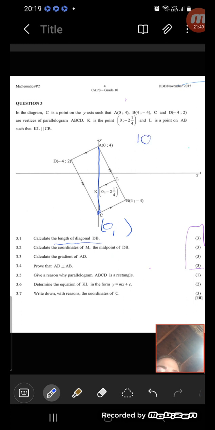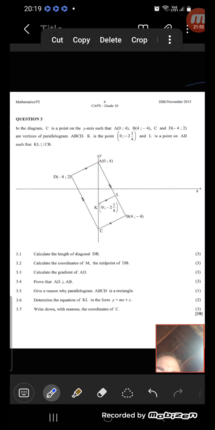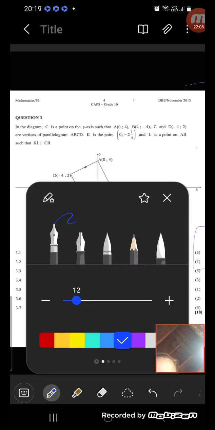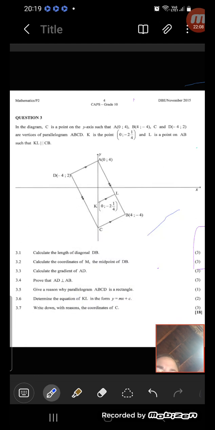Maybe it was 10. I don't know. If it was 10, this is the y value. This is the positive y value, and this is the negative y value.